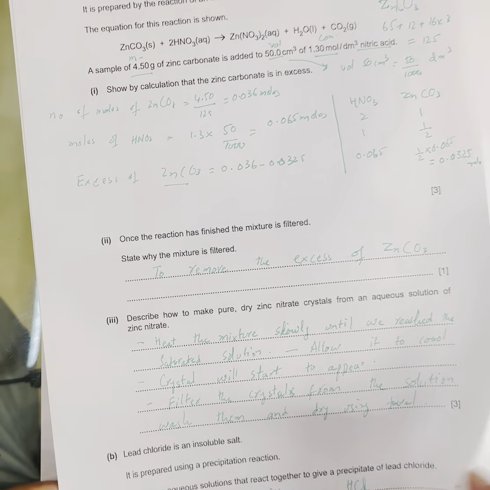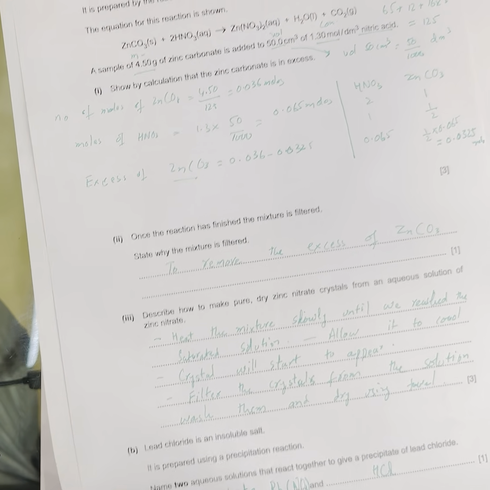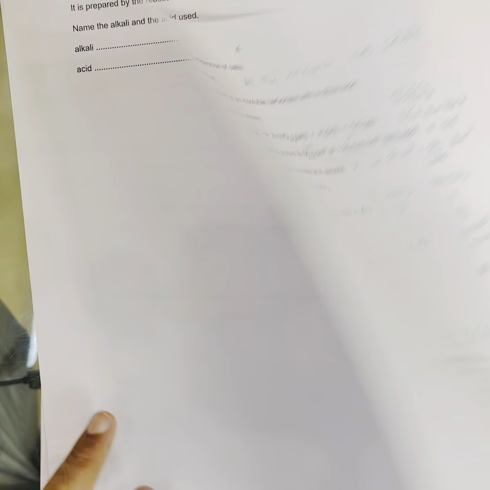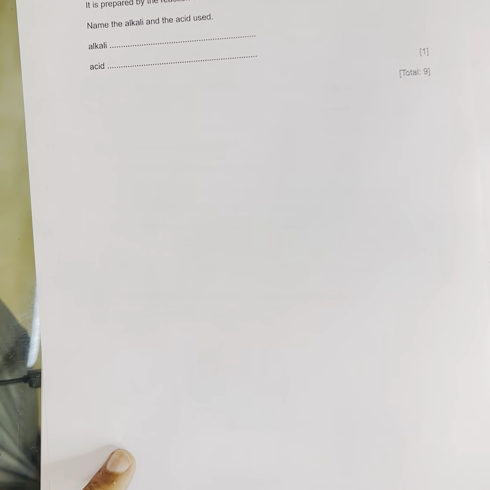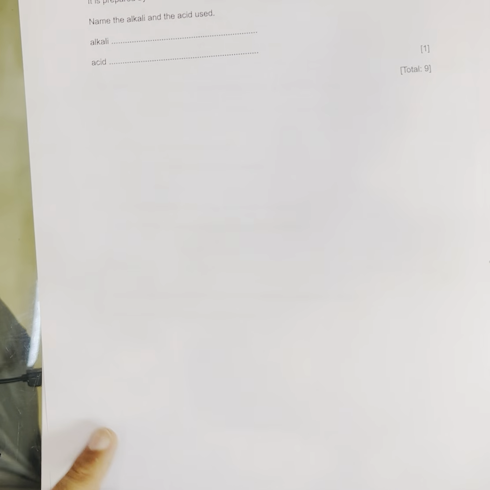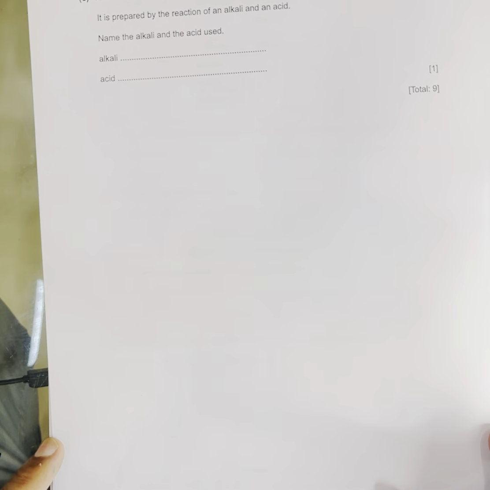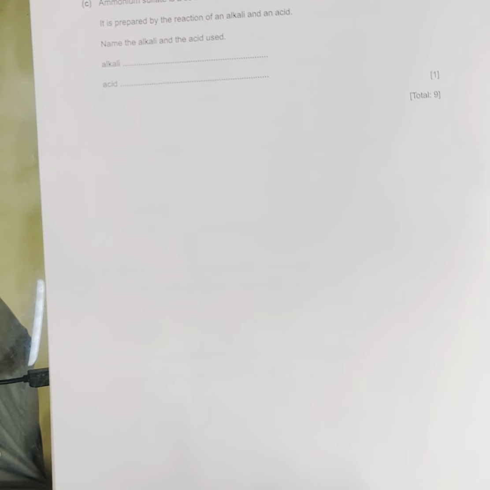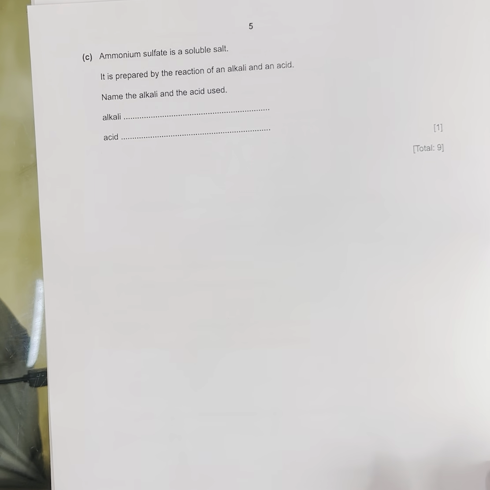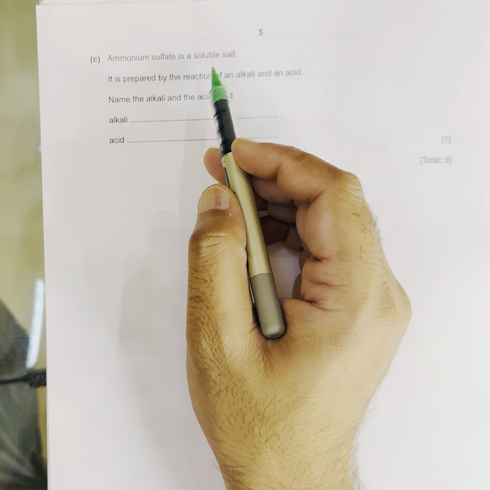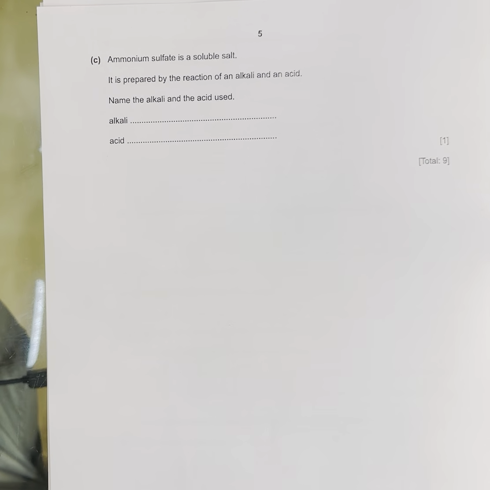The next part of question number 3: aluminum sulfate is a soluble salt. It is prepared by the reaction of an alkali and an acid. Name the alkali and the acid we use.